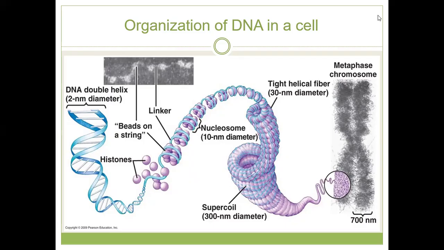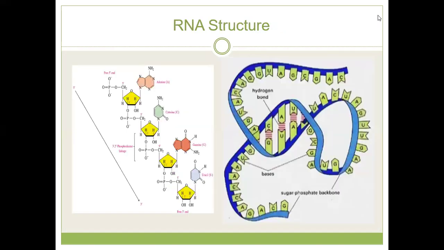And this is what we see in the metaphase inside the cell. So this is how the DNA, after being formed, is compressed to form a nucleosome, and then further to form a chromatin fiber, and the chromatin fiber is compressed to form a chromosome.